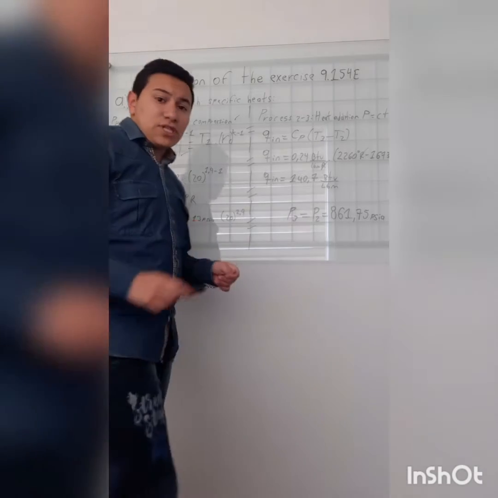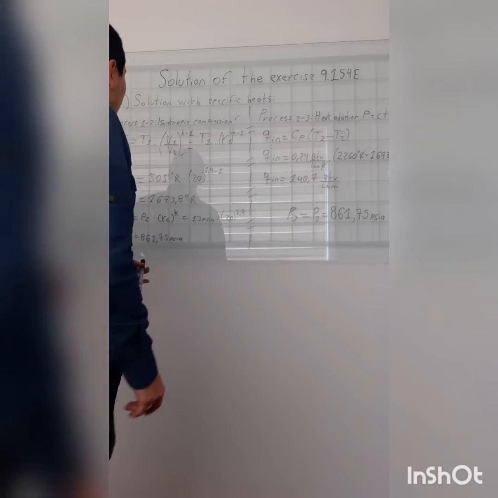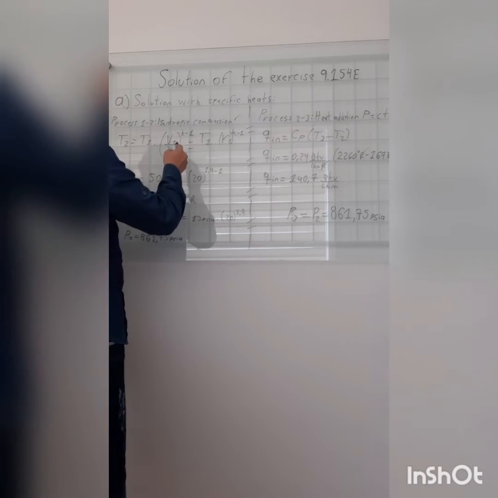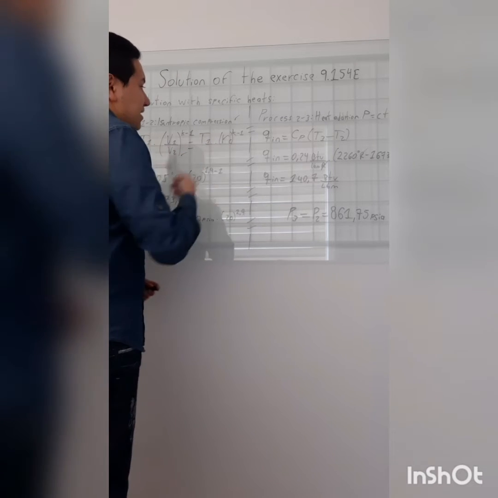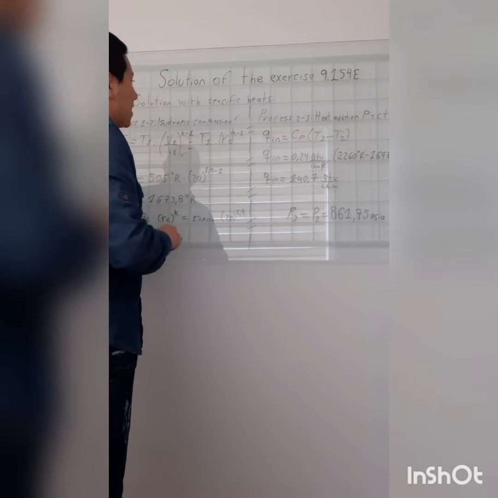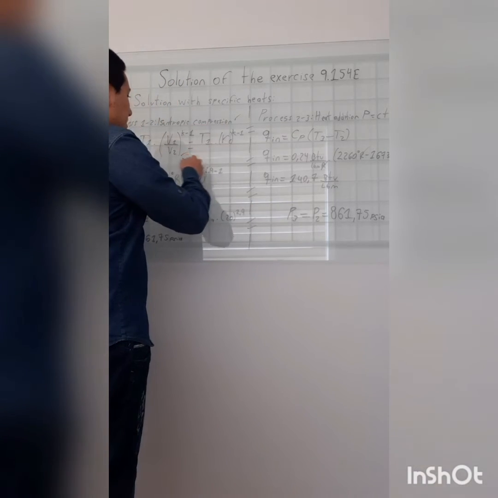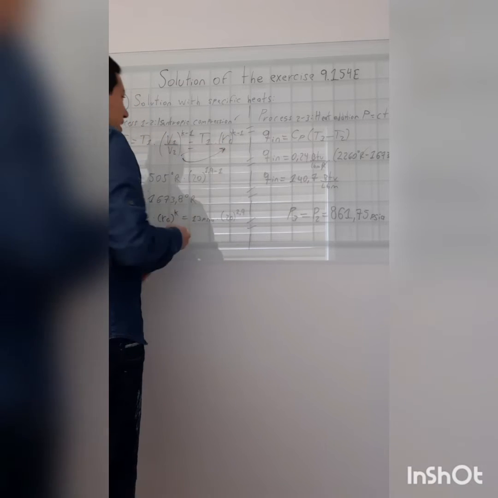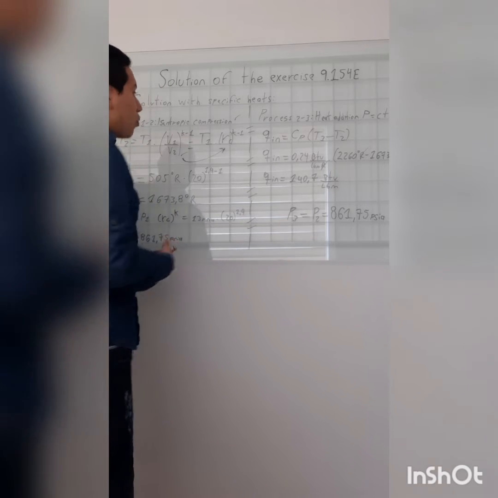In this process, we are going to use this equation: temperature 2 equal to temperature 1 times the relation of volume 1 over 2, that is the same as the compression ratio, to the power k minus 1.